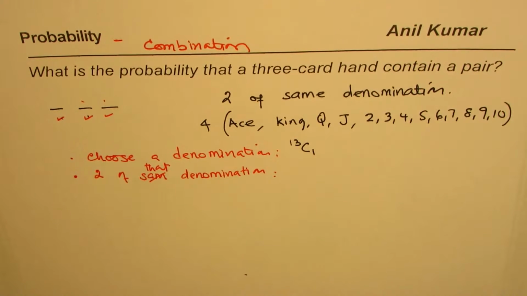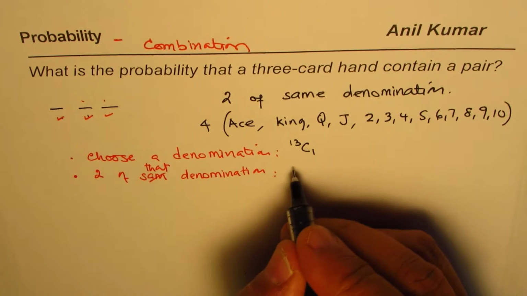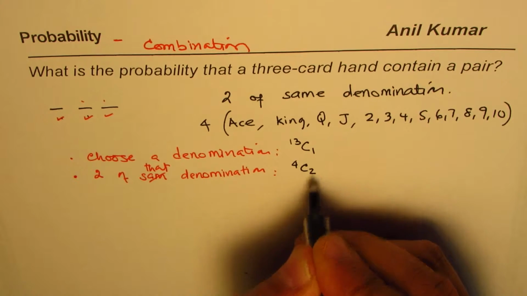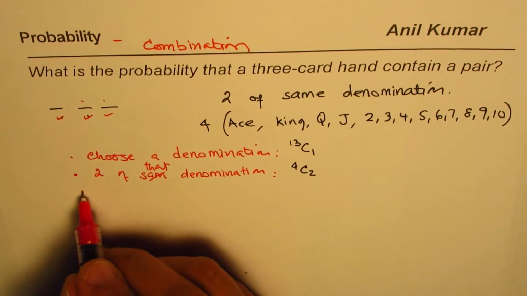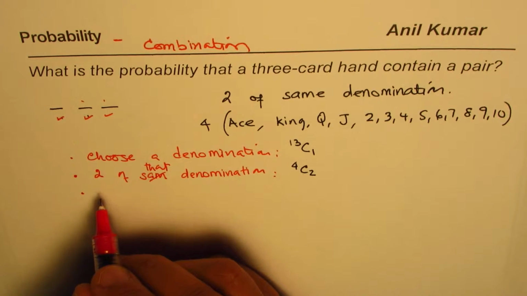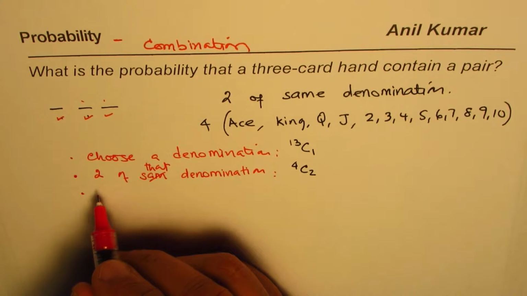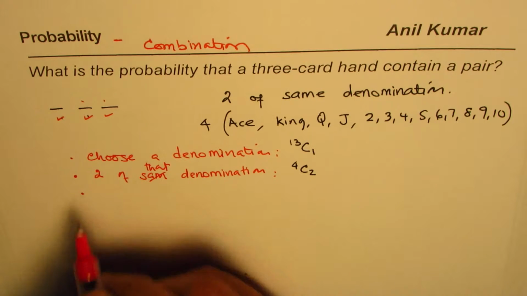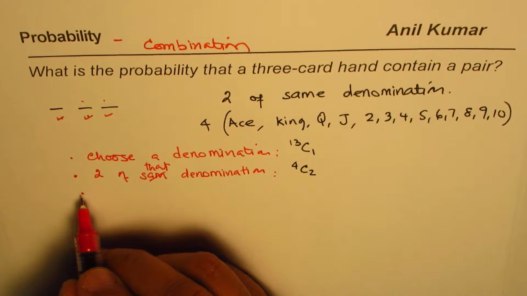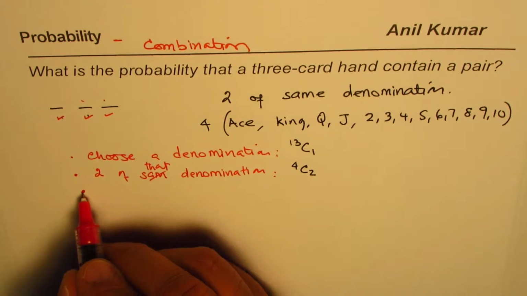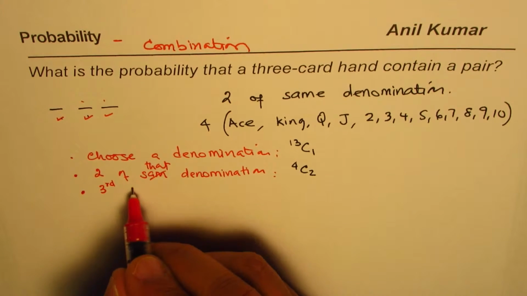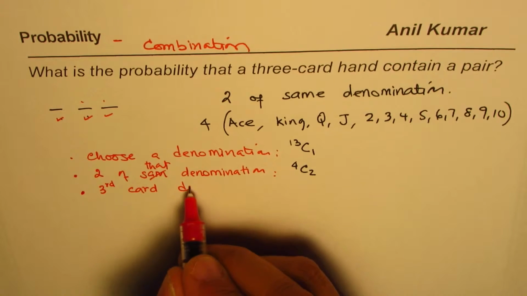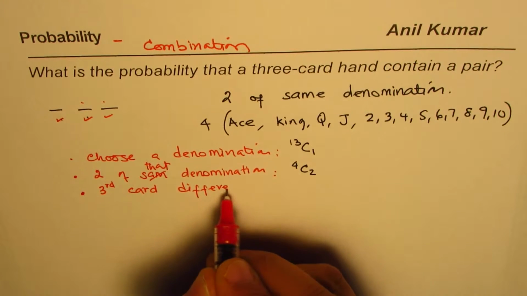So that is to say we are choosing out of four two cards, right? So once we get two cards, the third one could be any other, right? Once we have selected these two cards, the third card is of a different denomination.